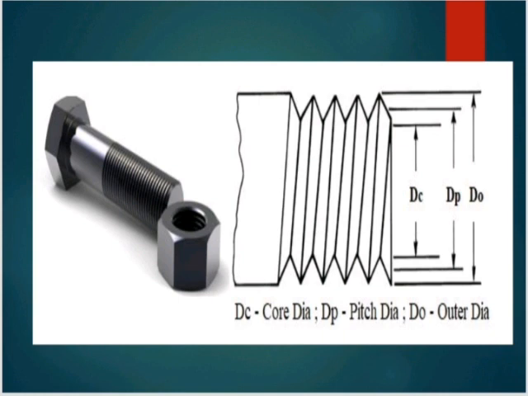Here you can see in the figure, DC is core dia, DP pitch dia and DO outer dia.